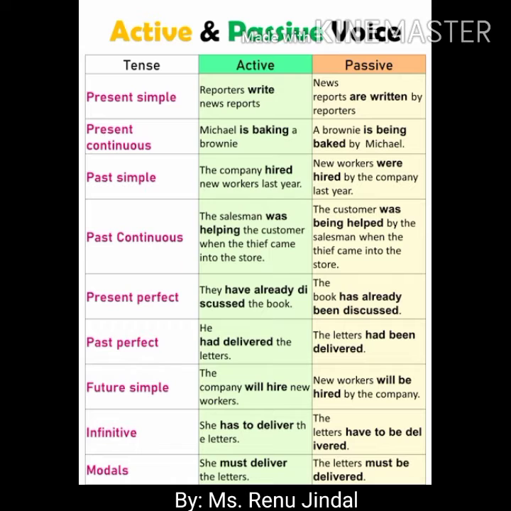So we add been here. Just as we added being in the continuous tenses, because verb's first form plus ing is the rule of continuous tense and verb's third form is the rule of passive voice. So to fulfill both the rules, we use being plus verb's third form in passive voice.